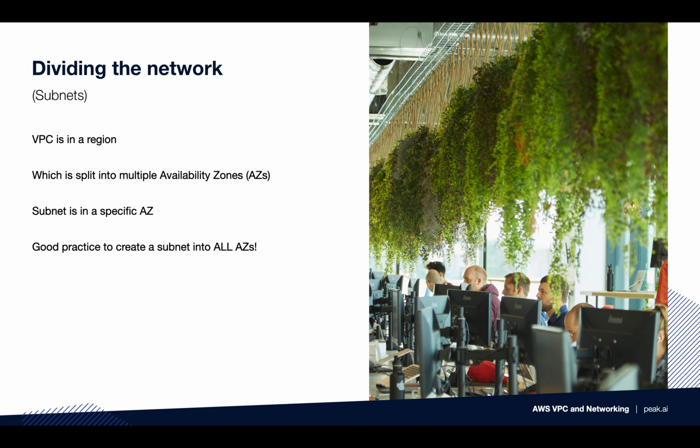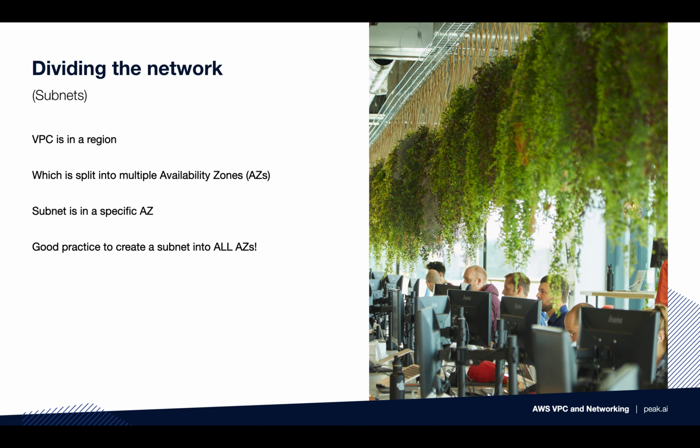Now, a subnet, which we'll come on to next, is in a specific availability zone. A subnet can only be in one availability zone, never across multiple. So, of course, it's good practice to create subnets in all of the available availability zones within the region you're working with, because that then means that you can have resources in all of those availability zones.